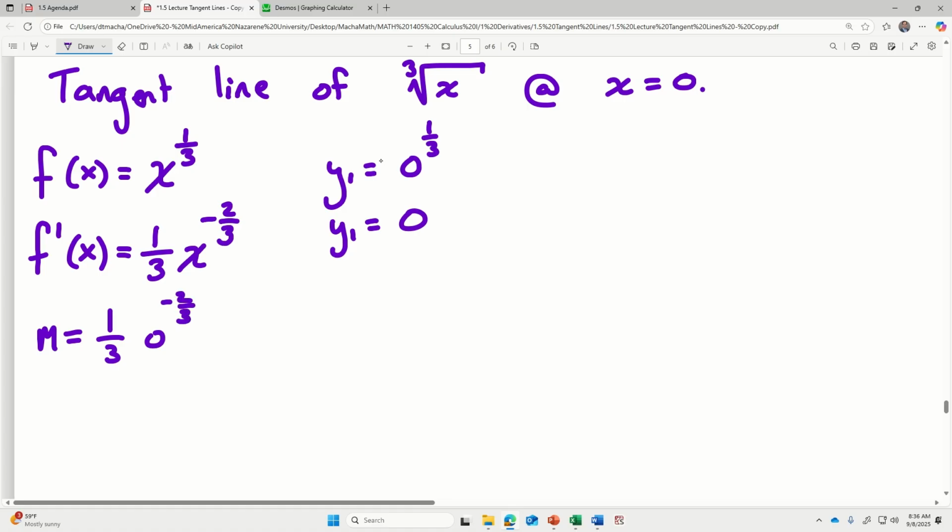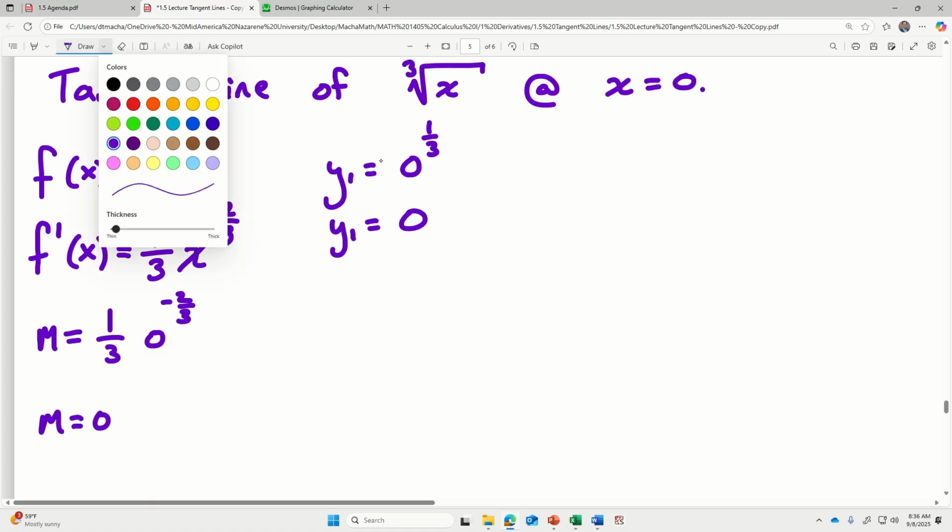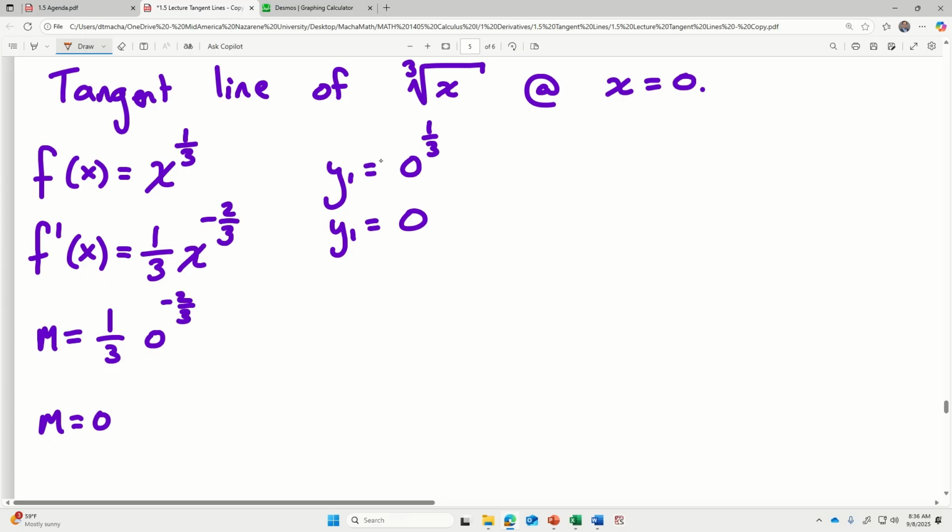What is 0 raised to the power negative 2/3? 0. And 1/3 times 0 is 0, so my slope is 0. Let's use my formula now and see what we get. Because I think this is going to give me the wrong answer.